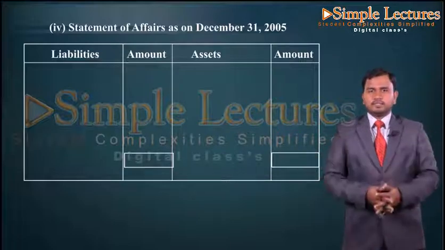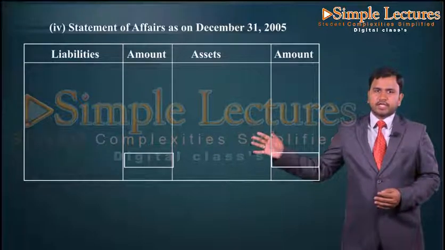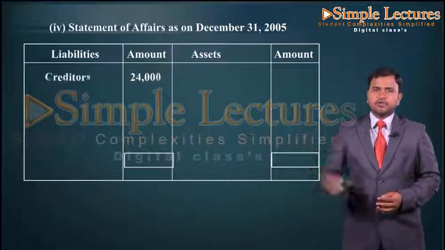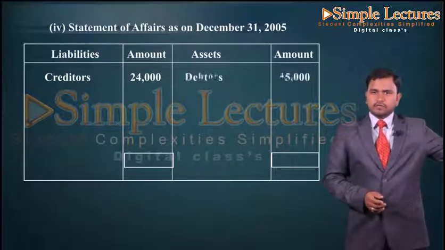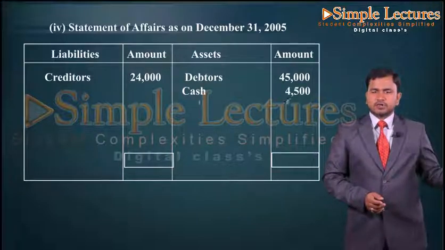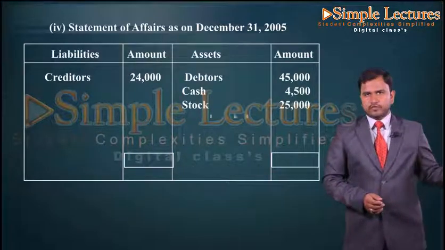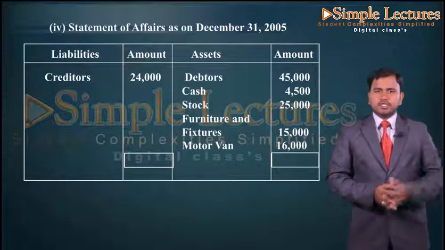Coming to the liabilities side, only the information of creditors we have will be recorded in the liabilities side, creditors 24,000. Then coming to the asset side, we have debtors 45,000, cash 4,500, stock 25,000, furniture and fixtures 15,000, motor van 16,000.